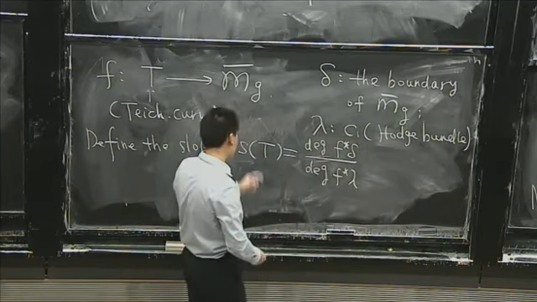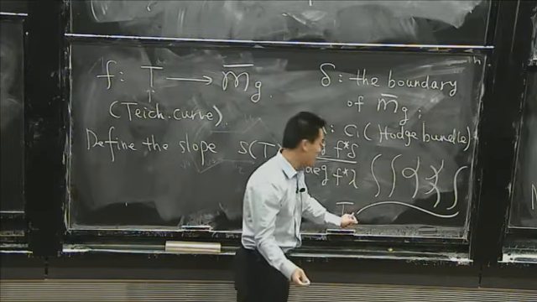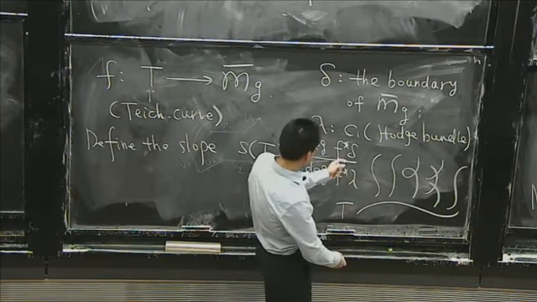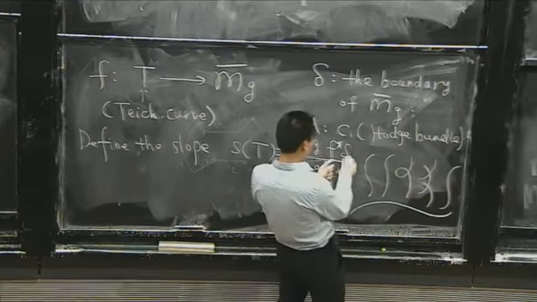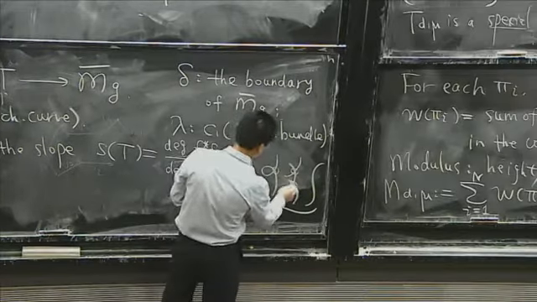Suppose this is actually any one-dimensional family of genus g curves. Okay, so now let's draw a curve like that. So this is a universal curve sitting over the one-dimensional family. From the setting of the numerator, you can see, roughly speaking, it really counts the number of nodes in this family.